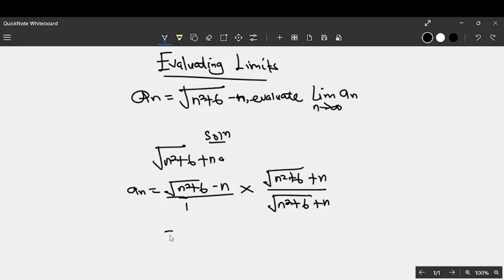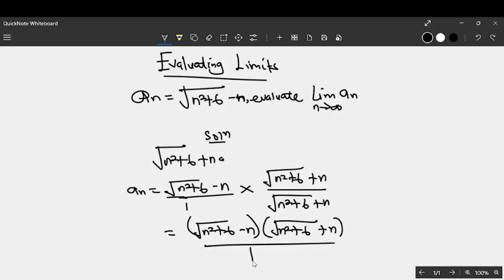Now we multiply the numerators separately and the denominators also separately, so you have the square root of n squared plus 6 minus n times the square root of n squared plus 6 plus n, all over the square root of n squared plus 6 plus n.